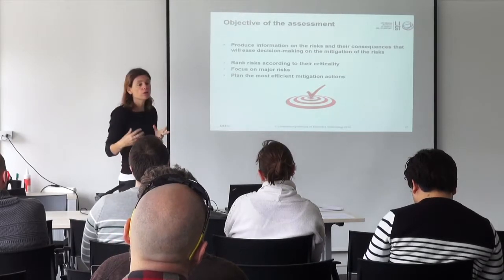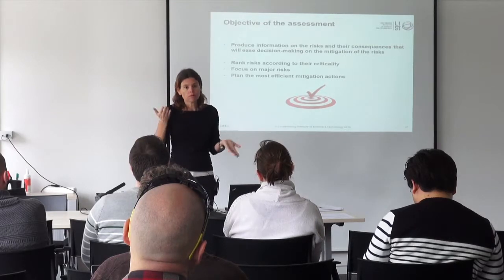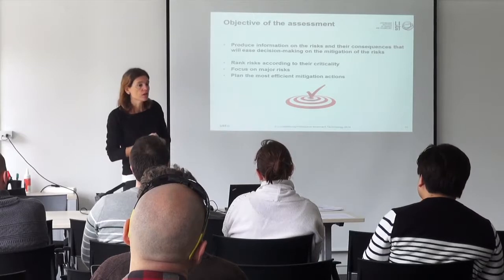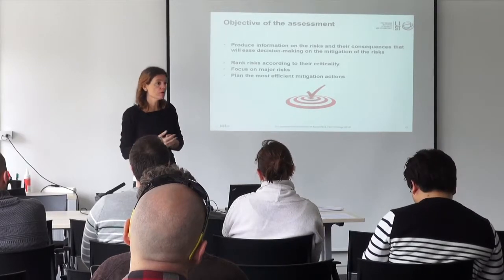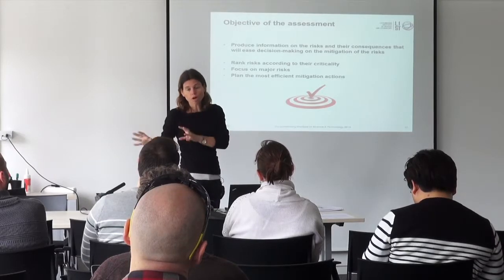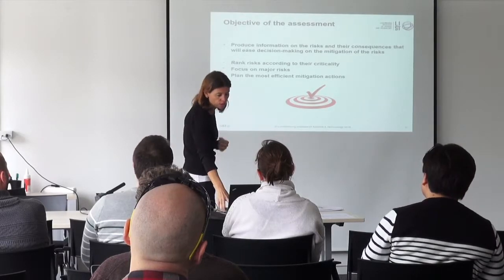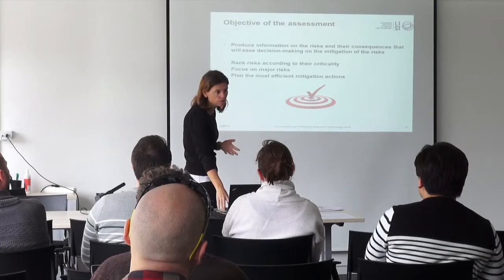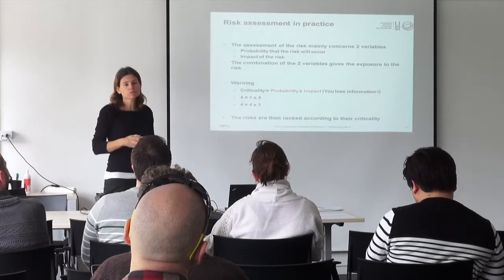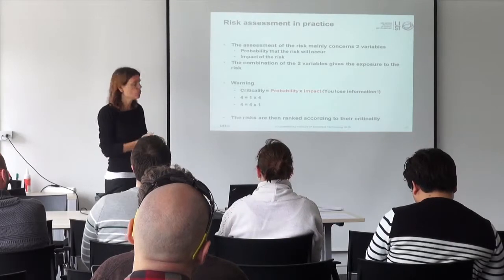So that at the end, you are able to balance the amount of time you spend on risk management and the actual efficiency of these actions. So focusing on the actions that are necessary, that is to say the ones on the risks that are the most important.